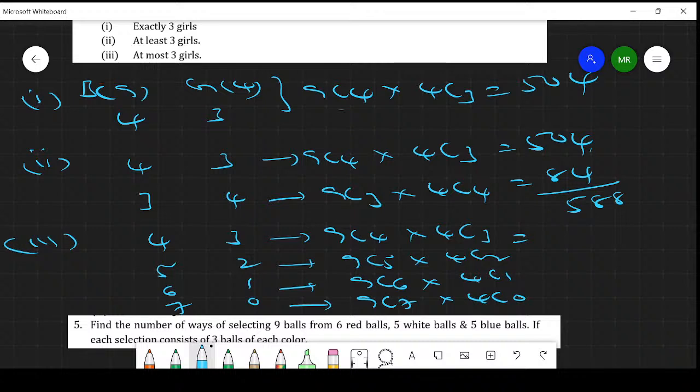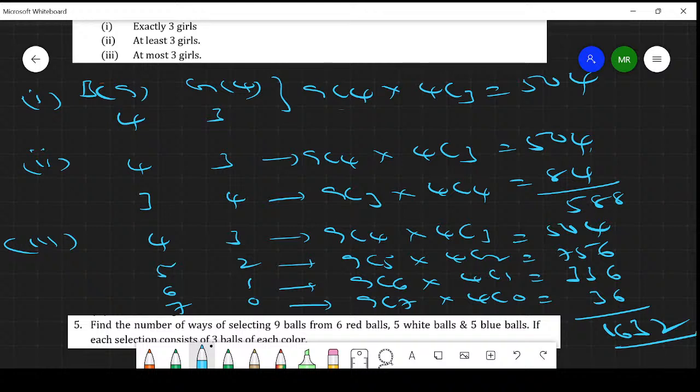I can simplify these values. 9C4 into 4C3 we know is 504. And 9C5 into 4C2 is 756. 9C6 into 4C1 is 336. And the last one, you simplify that value, it will be 36. So total it comes to 1632. This is the total required number of ways. This is the possible answer, right?